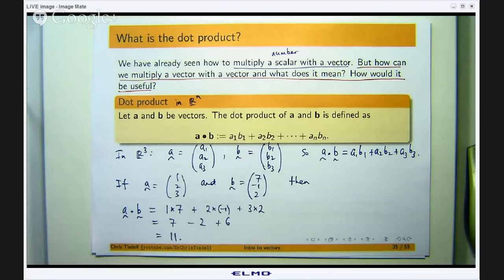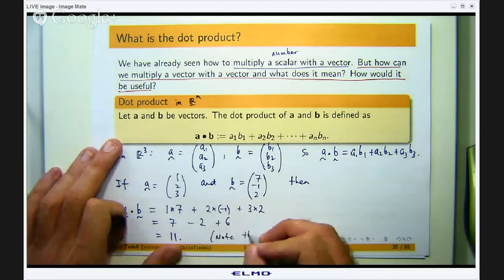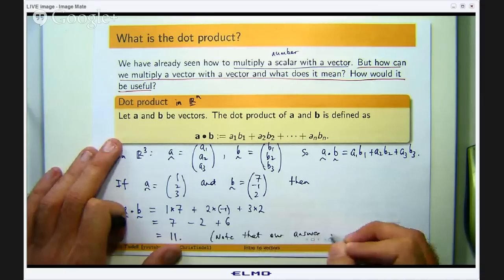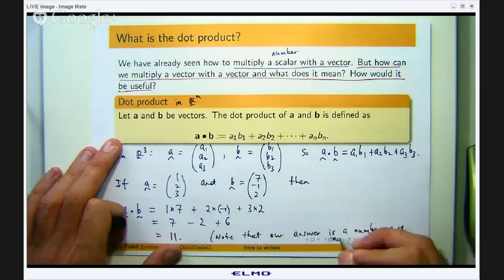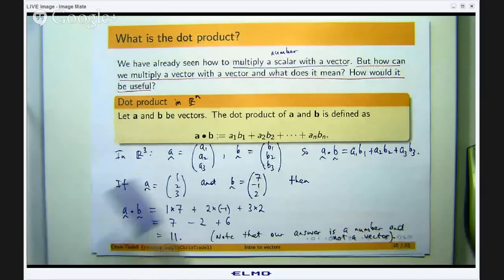So note that our answer is a number, or a scalar if you like, and not a vector. Under this definition of multiplication, the dot product of two vectors, our answer will always be a number.